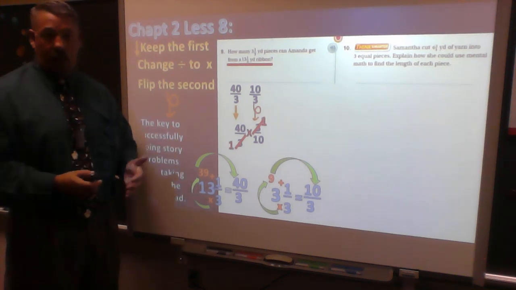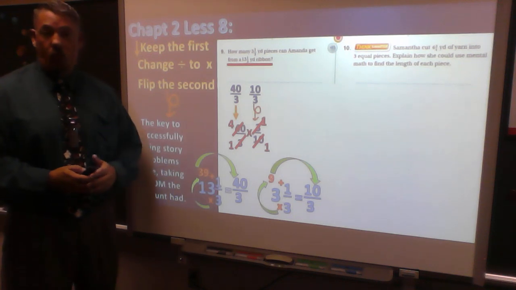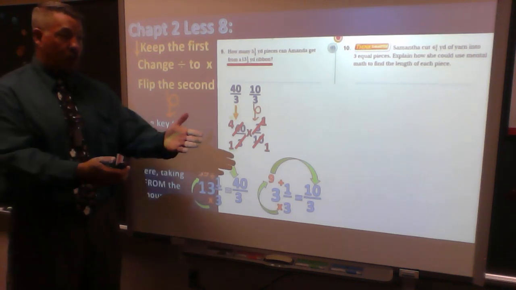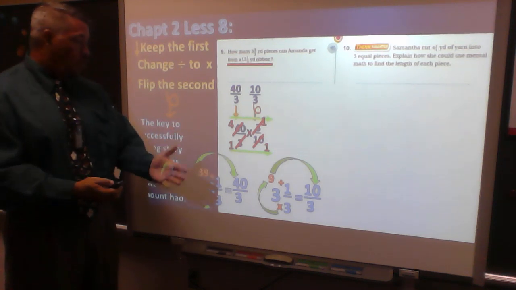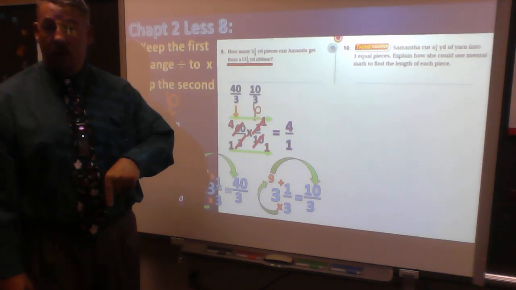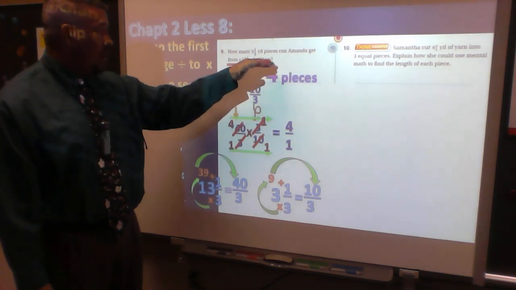Either way, I'm going to get the same answers. 10 goes into 10 one time, and 10 goes into 40 4 times. Now I'm left with multiplying across. 4 times 1 is 4, and 1 times 1 is 1, and therefore I have 4. But 4 what? Because I have to have a label. 4 pieces, because it asks how many pieces.